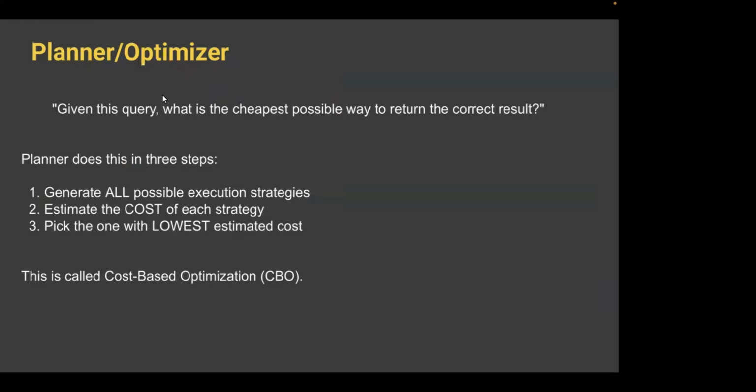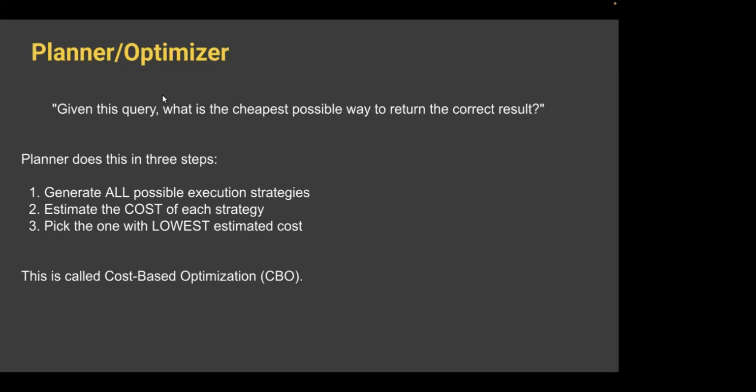Okay, so let's talk about the planner first. The job of the planner is to simply ask, given a query, what is the easiest, cheapest possible way to return the correct result. Now there can be different ways a query can be executed, and we'll understand how, but the job of the optimizer is to generate all possible execution paths, or all possible strategies that can be used to generate the query result.